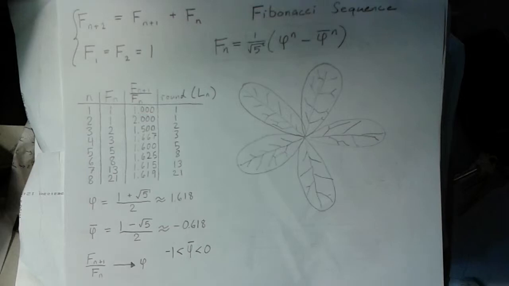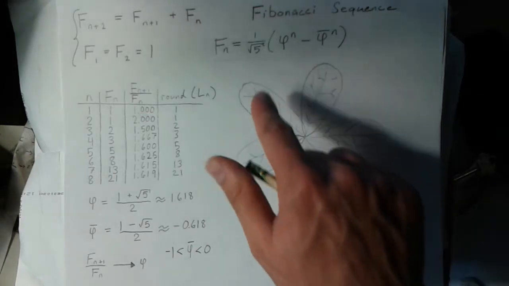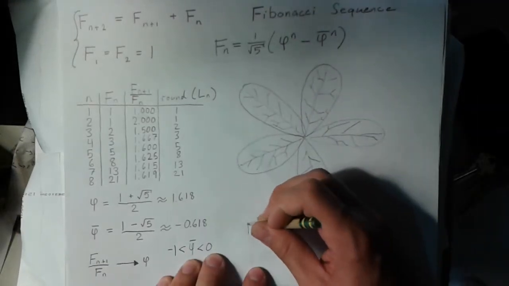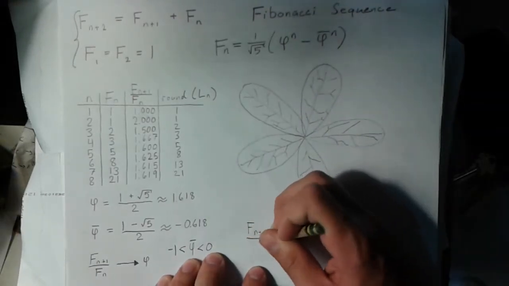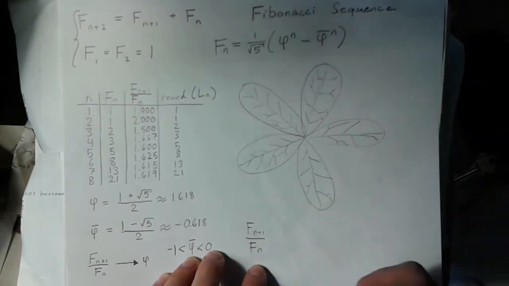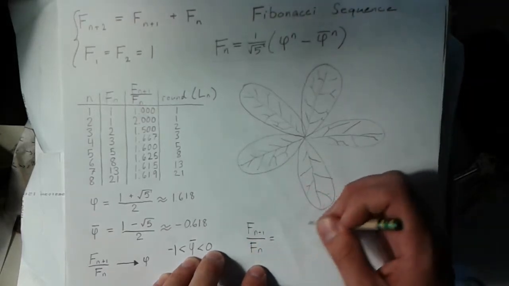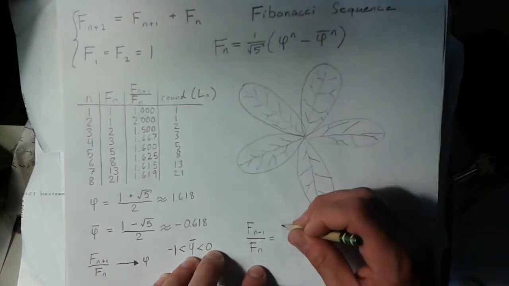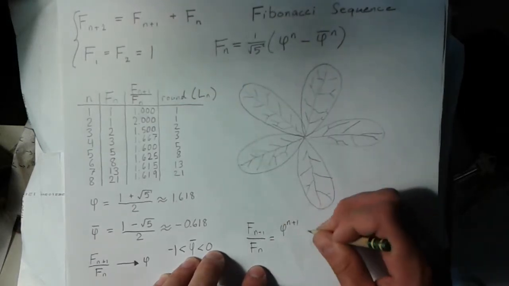So that can explain this other behavior over here, because if you look at the limit as n approaches infinity of Fn plus 1 over Fn, what you'll find is, I guess I'll just write it out. So these are going to cancel out first of all, and on the top you're just going to have this.